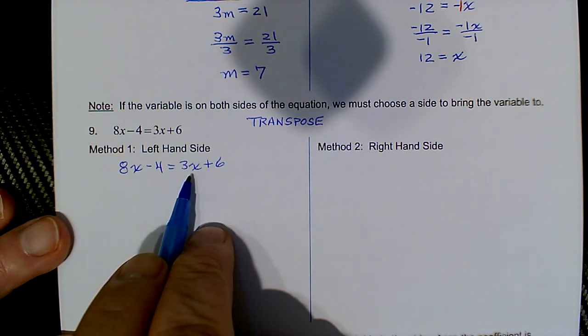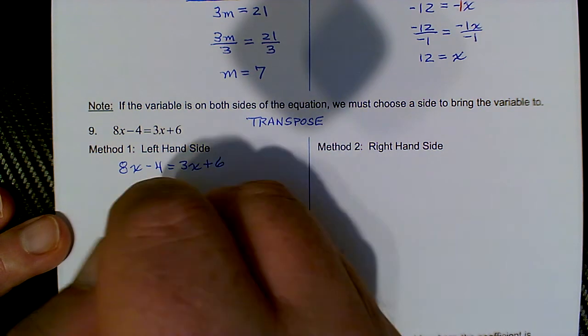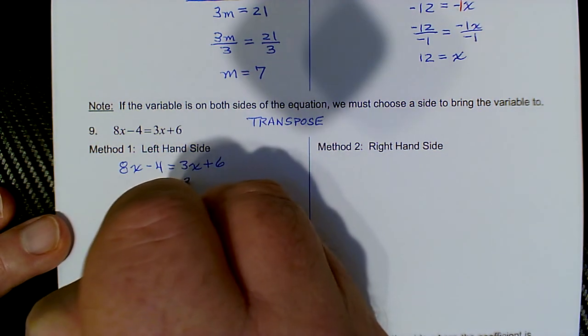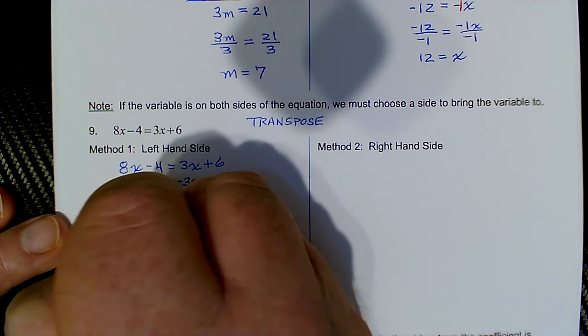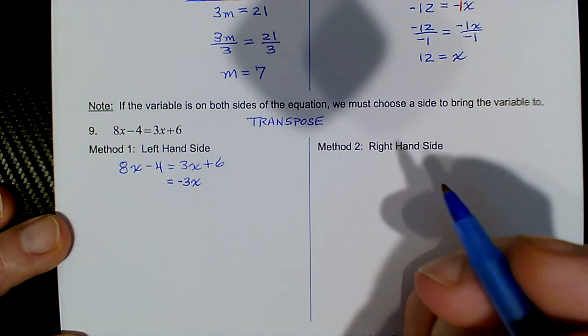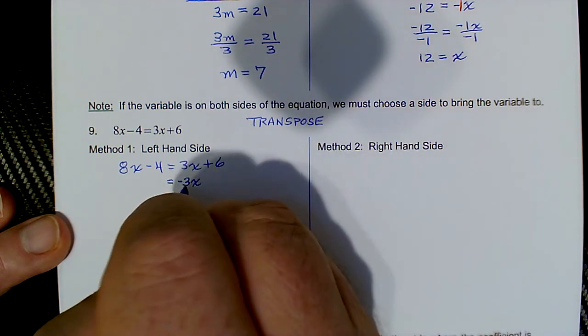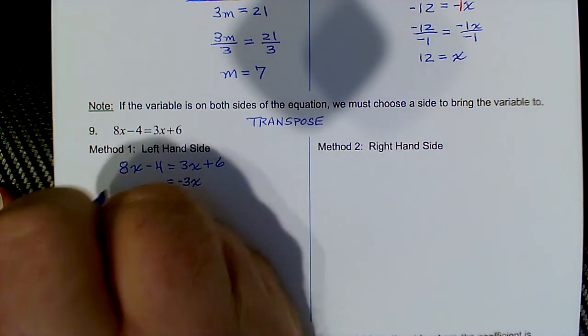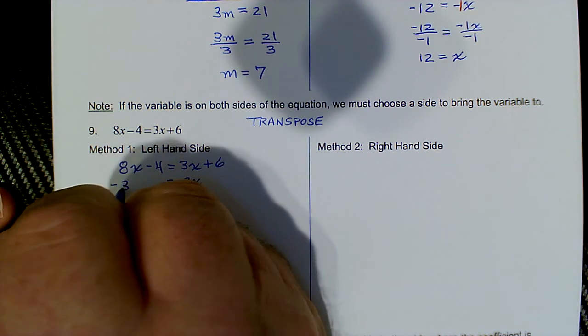So get used to that because we use that term often. So I'm going to transpose the 3x by adding the opposite or subtracting 3x. Now I'm going to line up the equals, and this minus 3x I'm going to put right under the x because those are like terms.